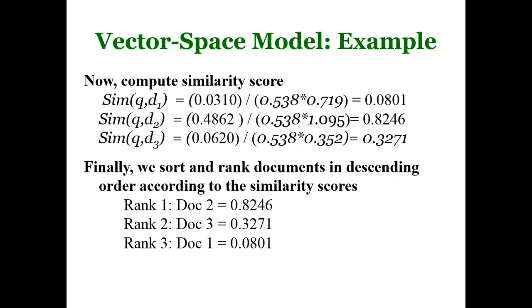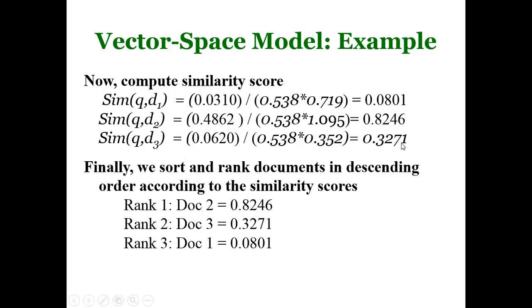This gives the normalizer for the query, multiplied with the normalizer of document 1, document 2, and document 3. Now you will get the similarity of Q and D2 as 0.8246, and the similarity of Q with D3 as 0.3271.